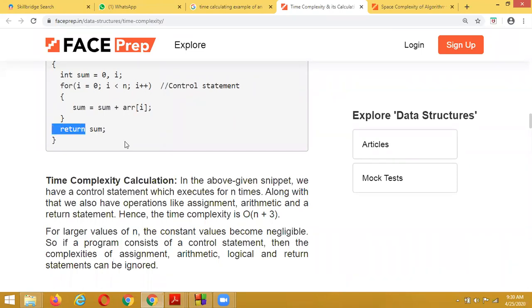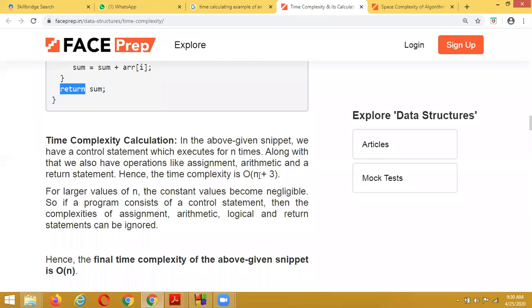The statement is executed n times, but plus 3 operators are involved: assignment, plus, and return. So we indicate it as O of n plus 3.